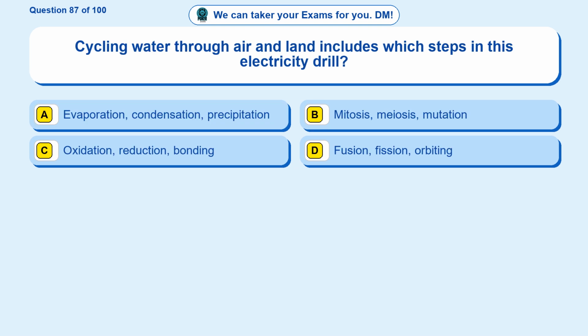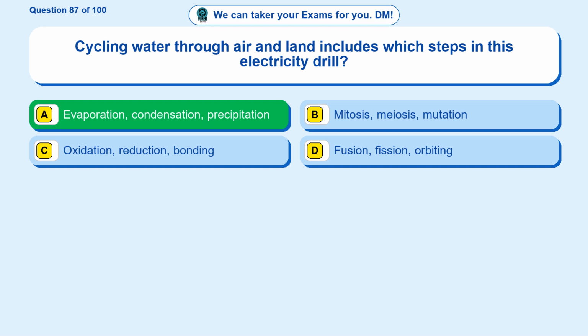Question 87. Cycling water through air and land includes which steps in this electricity drill? Option A, evaporation, condensation, precipitation. Option B, mitosis, meiosis, mutation. Option C, oxidation, reduction, bonding. Option D, fusion, fission, orbiting.